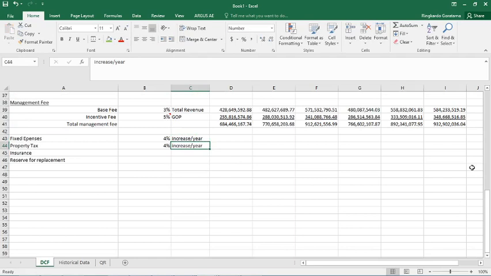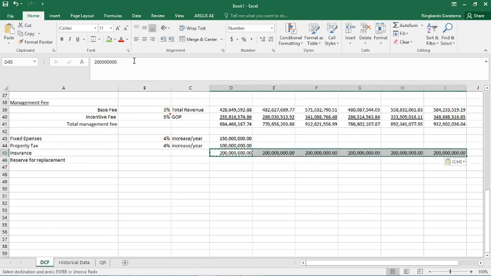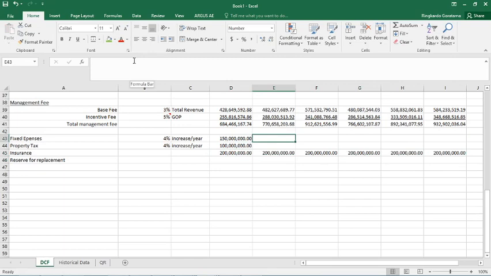Okay, so let's say from the property tax information, they need to pay around 150 million, and the interest is 100 million. For replacement, they have to budget 200 million. Okay, then this is, let's say, it's the same, and the fixed expense is increased annually.